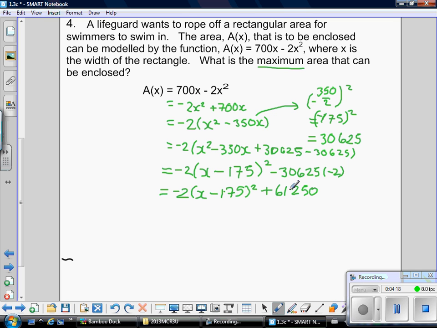So my answer now, so I've completed the square. I forgot what I was even answering. It says, what is the maximum area? So it's asking for the maximum area. It's not asking me for what the width of the rectangle is.